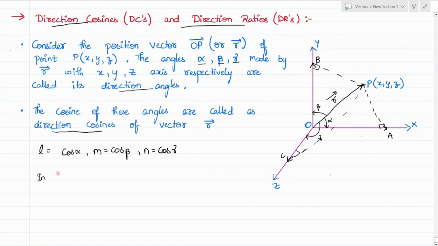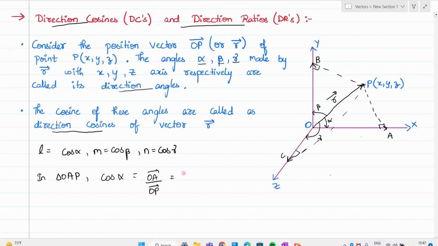Now, in triangle OAP, we can write cos alpha as OA vector by OP vector. OA vector is nothing but x, that is, OA is x, OB is y, and OC is z.